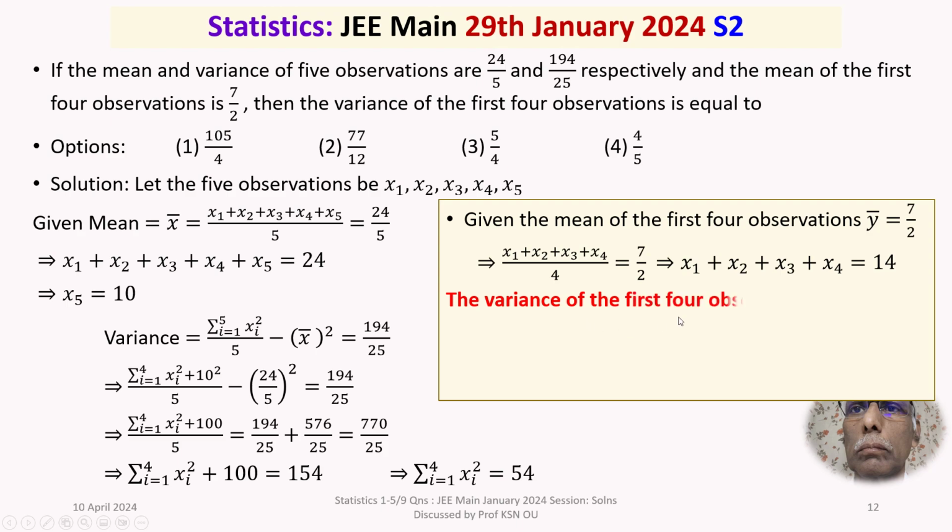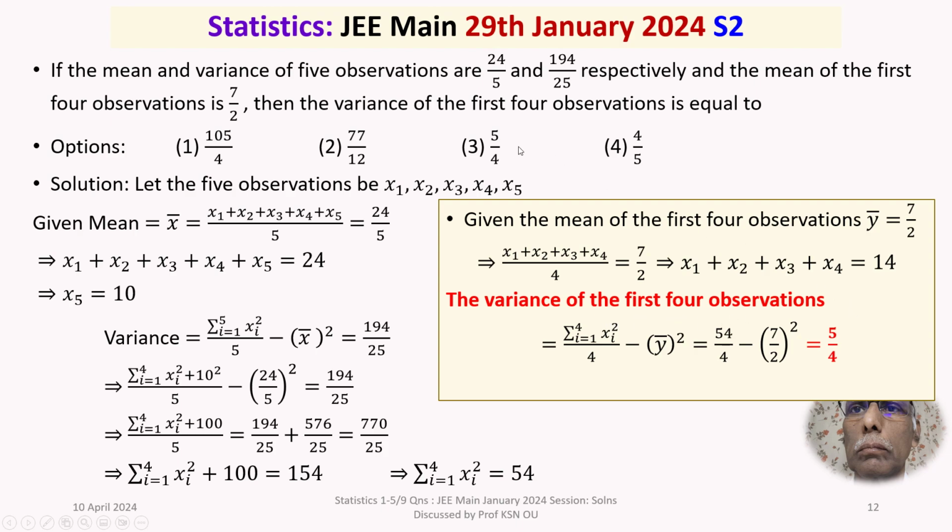So the variance of the first 4 observations is sigma i equals 1 to 4 xi square by 4 minus the mean of these 4 observations, that is y bar square, that is equal to 54 by 4 minus (7 by 2) whole square, and when you simplify this you will get 5 by 4. So thus the variance of the first 4 observations is 5 by 4.